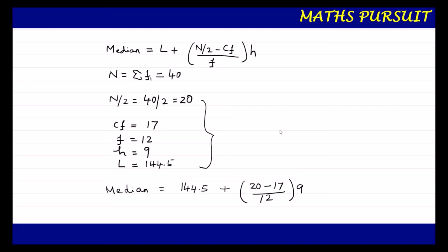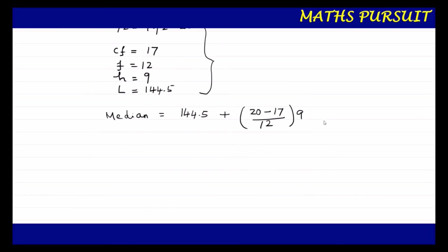Now we can easily solve this equation and find out the median. So median is equal to 144.5 plus 20 minus 17 is 3 upon 12 into 9.